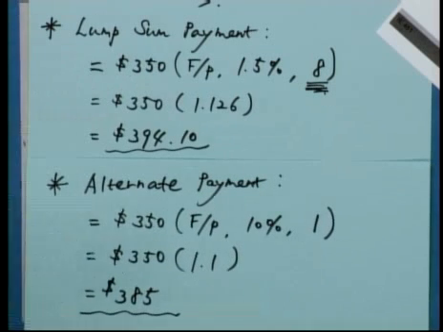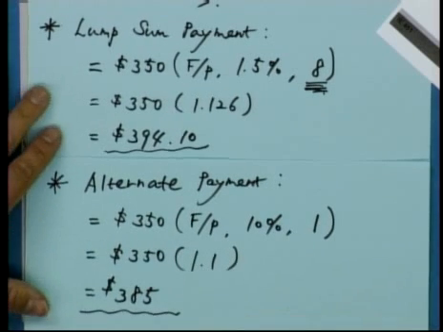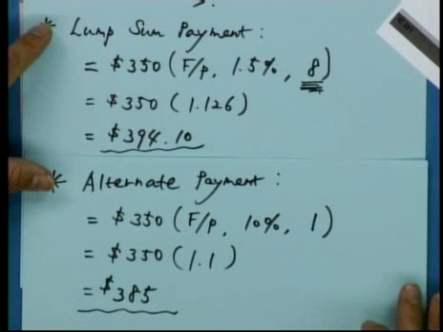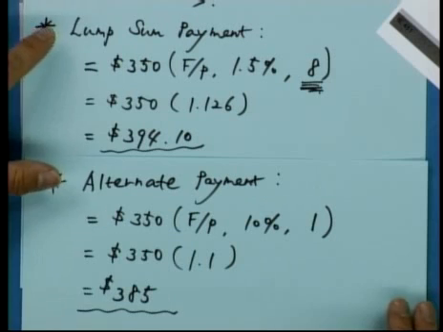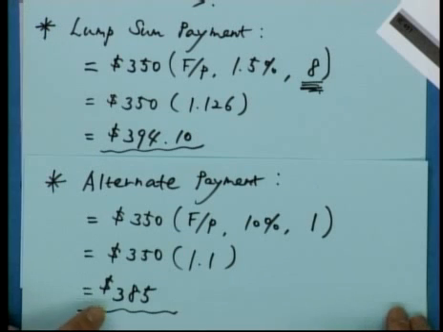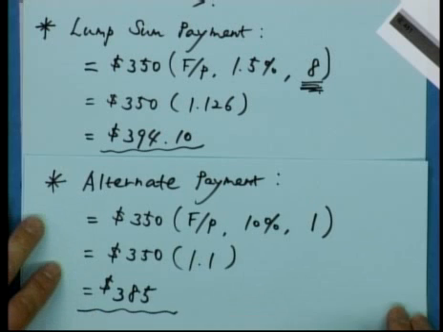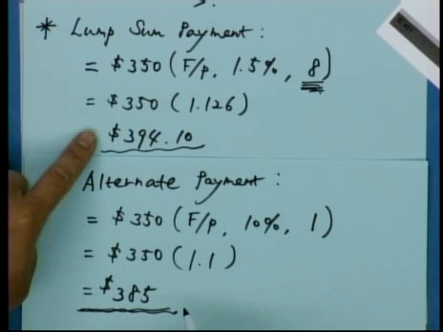So what is your answer? Which payment method do you need to choose? Definitely you're going to choose the alternate payment. Okay? Because the payment amount is smaller than the lump sum payment case. Okay?